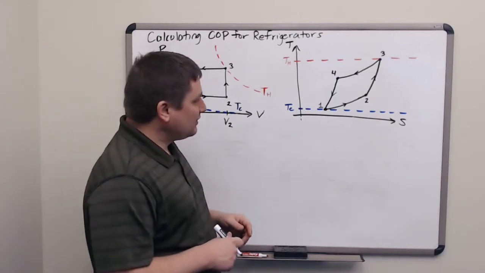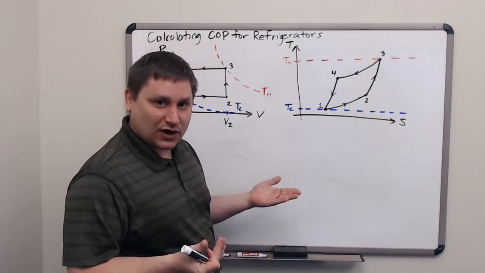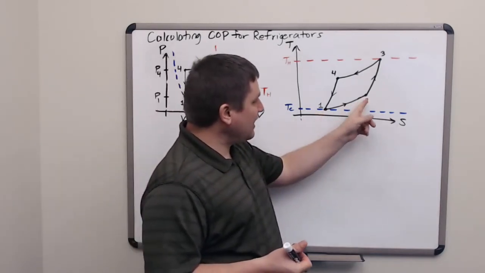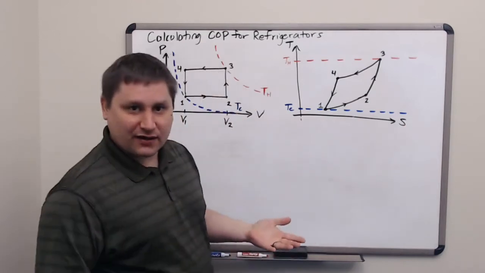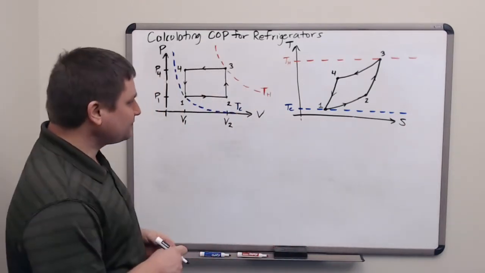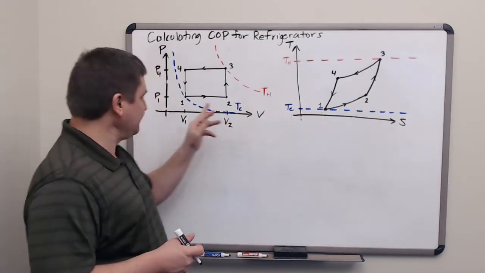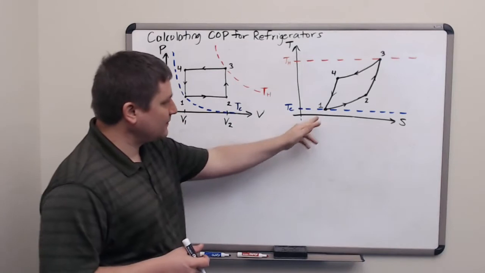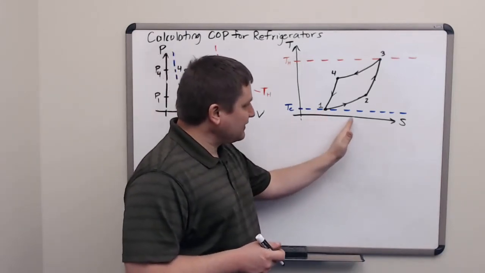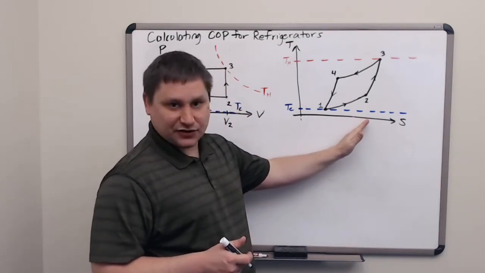Well, a refrigerator needs to absorb heat from the cold reservoir on steps 1 to 2 and steps 2 to 3. That's where it's increasing entropy. That's where it needs to absorb heat. But the coldest point of the cycle is at corner 1. And afterwards, the working substance absorbs entropy and increases in temperature.